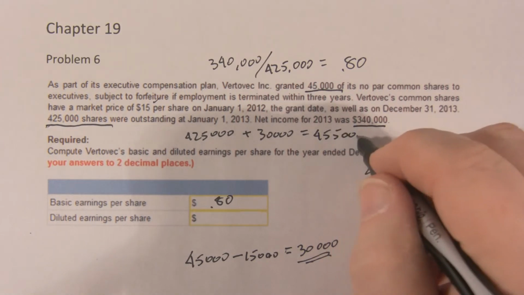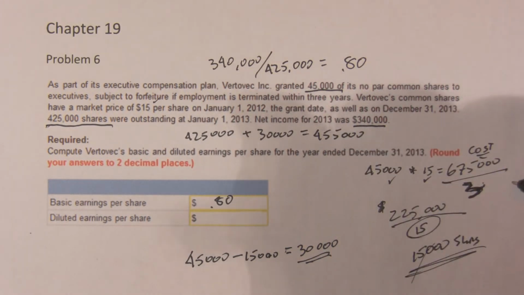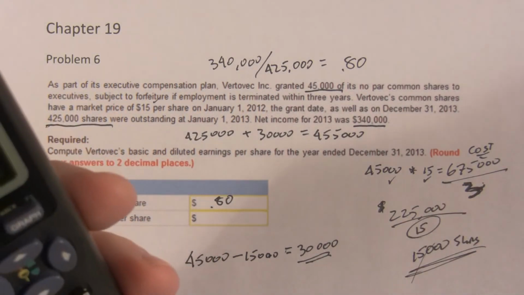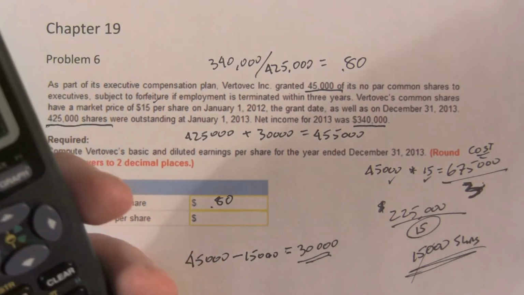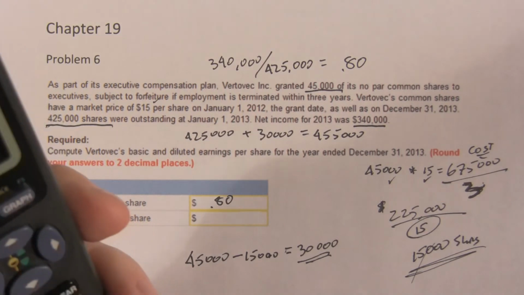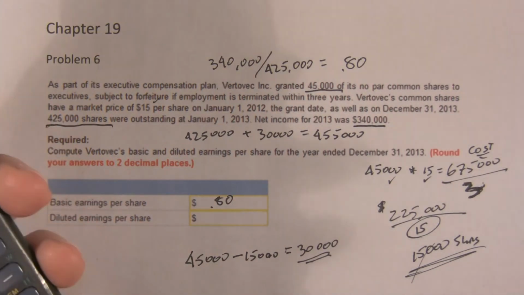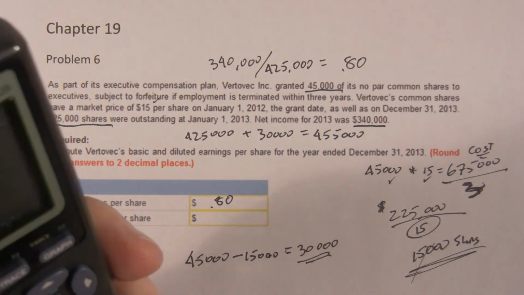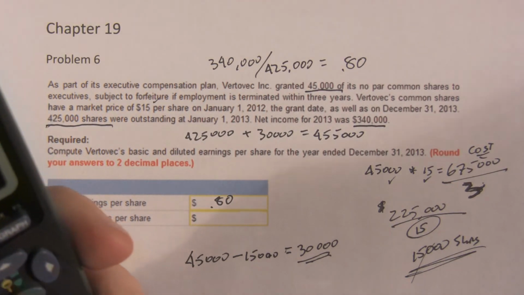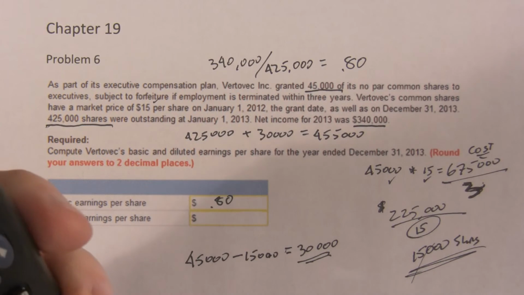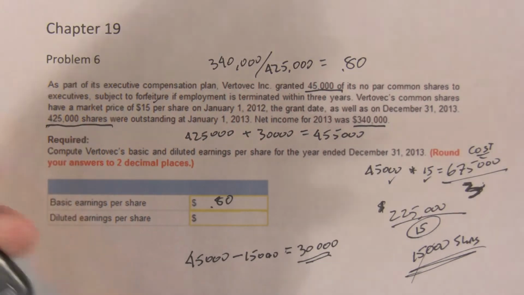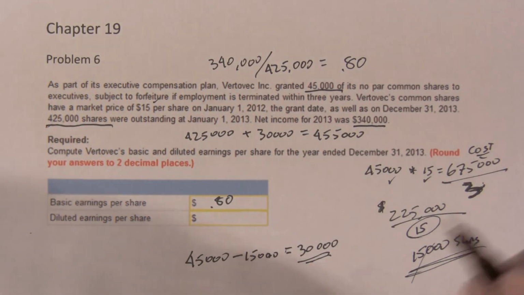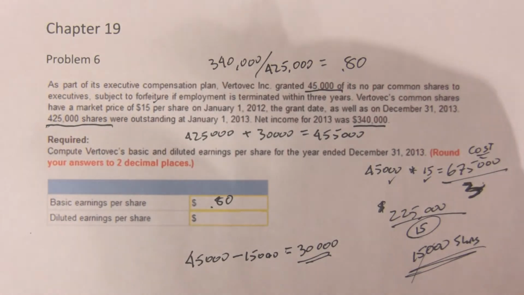We act as if we have 455,000, and when we take our 340,000, divide now by 455,000, we come up with 75 cents per share.